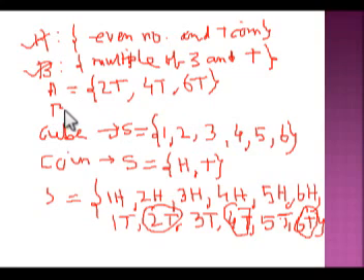The members of B will be a multiple of 3 and T. This will be 3T and 6T, nothing much.